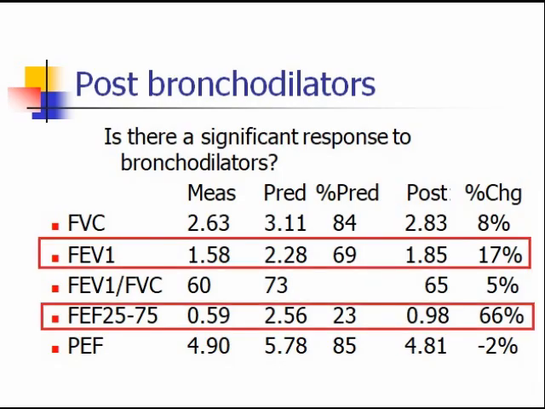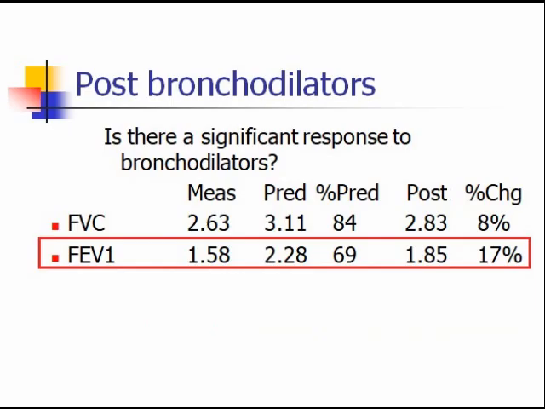Actually, we don't. The two key elements are the FEV1 and FEF 25-75%. We see there's some changes there, and I want you to start thinking, is there any significance to giving this patient bronchodilators?